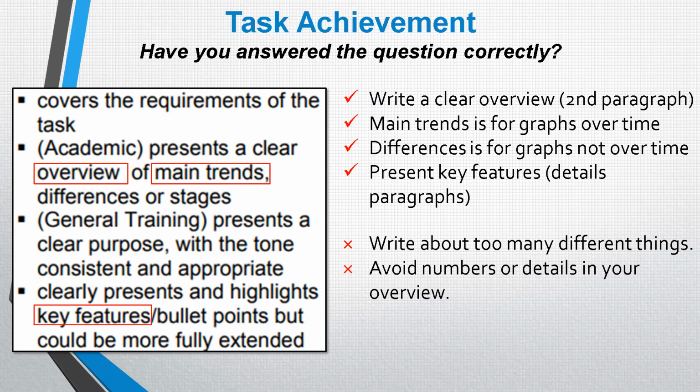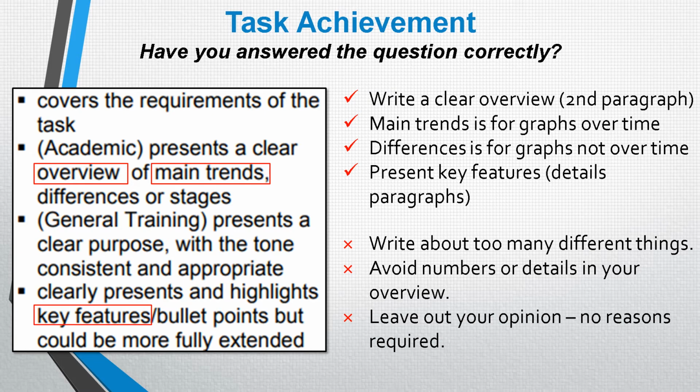Because it's an overview, it's a summary, we're going to save the numbers and details for the details paragraphs, which will come next. We're not going to give our opinion because it doesn't ask for our opinion. Your opinion you can save for the essay writing task in Task 2. But you're not giving your opinion, you're not giving reasons why you think something has increased or decreased.